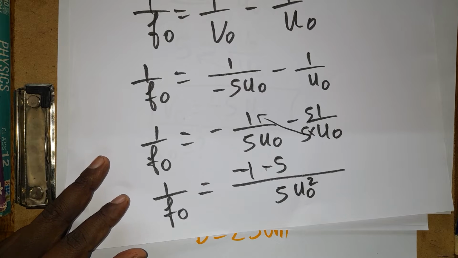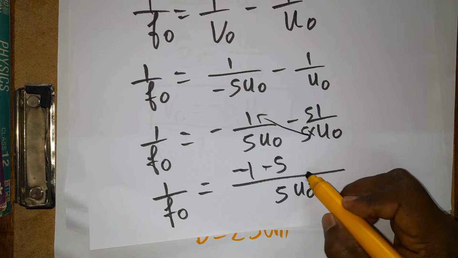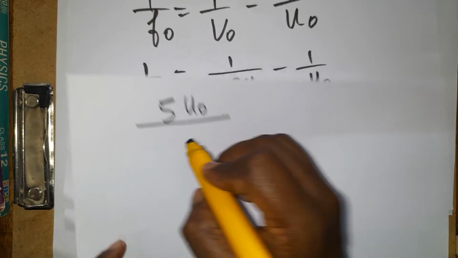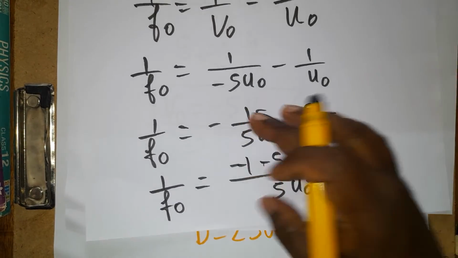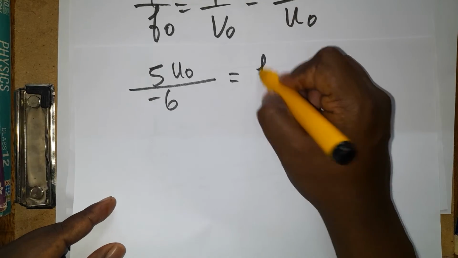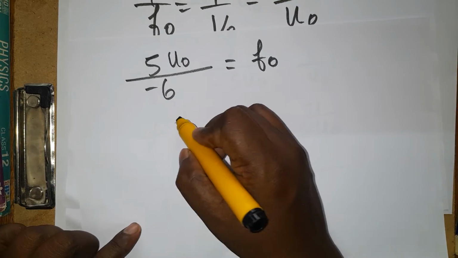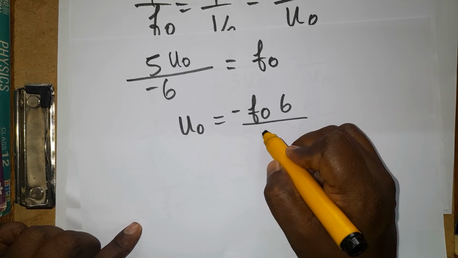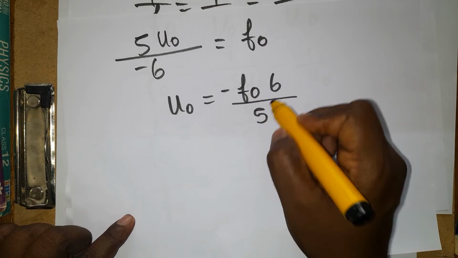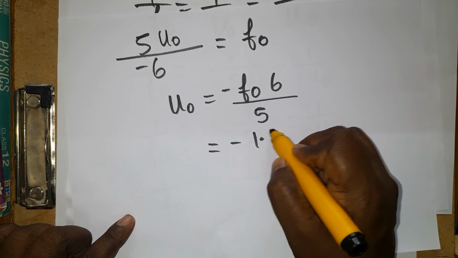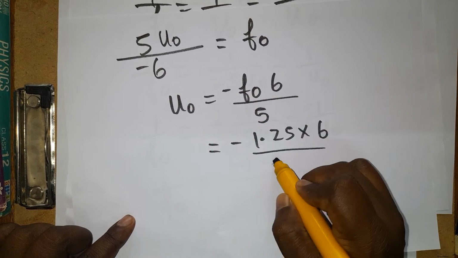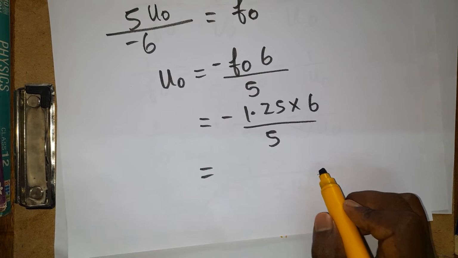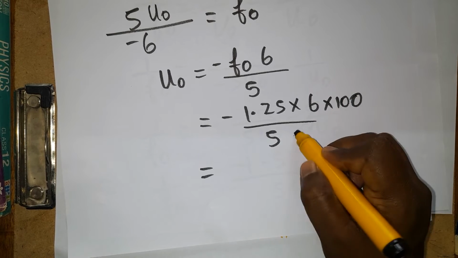Just flip the equation. Here we won't get the square. So 5 times UO divided by minus 6 is equal to FO. If you want UO, it is going to be FO times minus 6 divided by 5. What is FO? 1.25 into 6 divided by 5. I am going to make it a round number: 100 you can multiply with the numerator, 100 with the denominator.